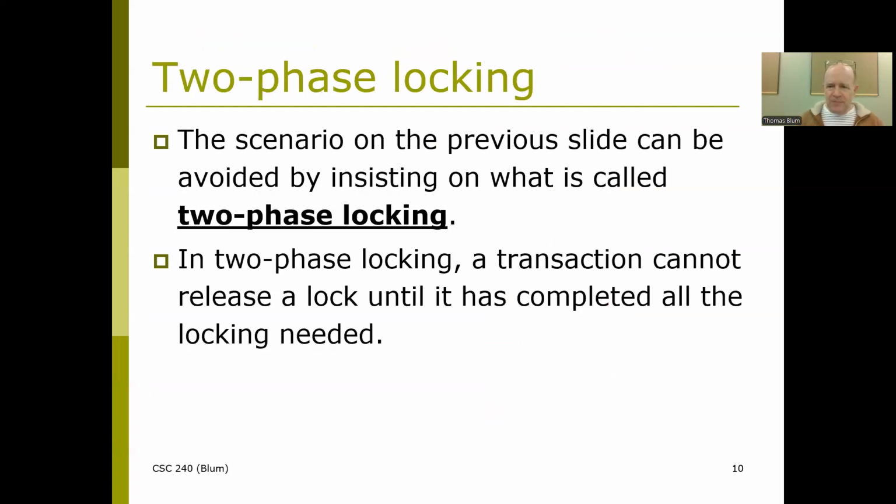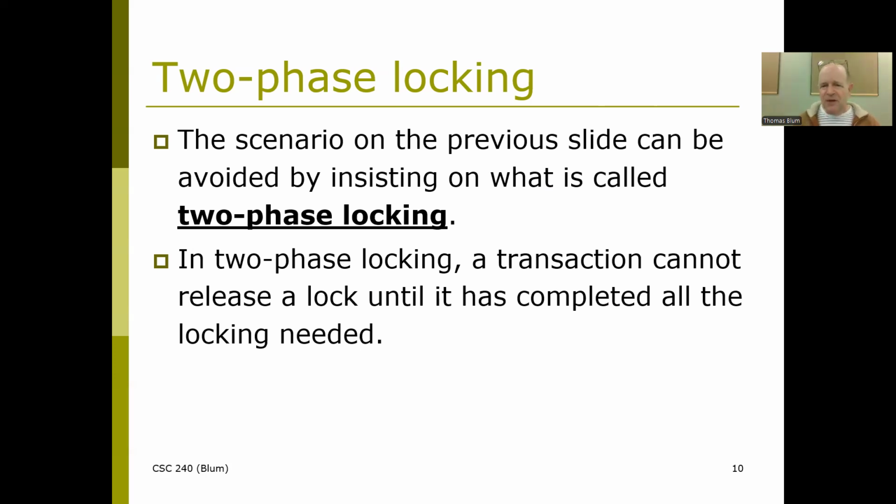So we change our notion of locking within a transaction, and we say that there are two phases of locking. You request locks, you're granted locks, you release locks, but now within what we call two-phase locking, you can only lock, lock, lock, release, release, release.